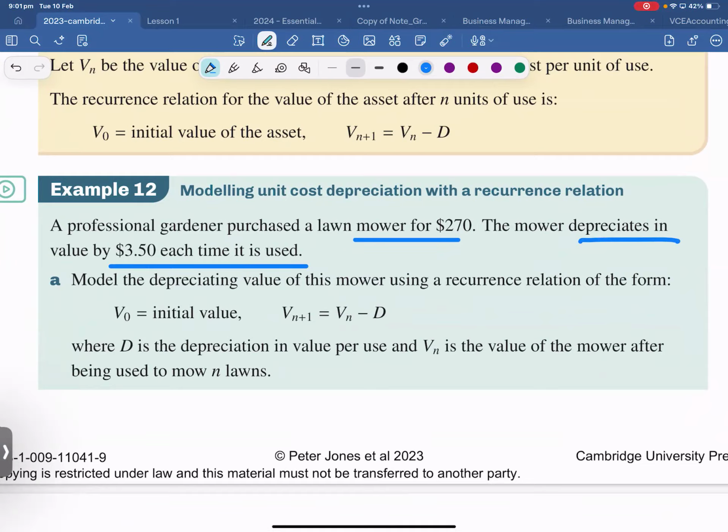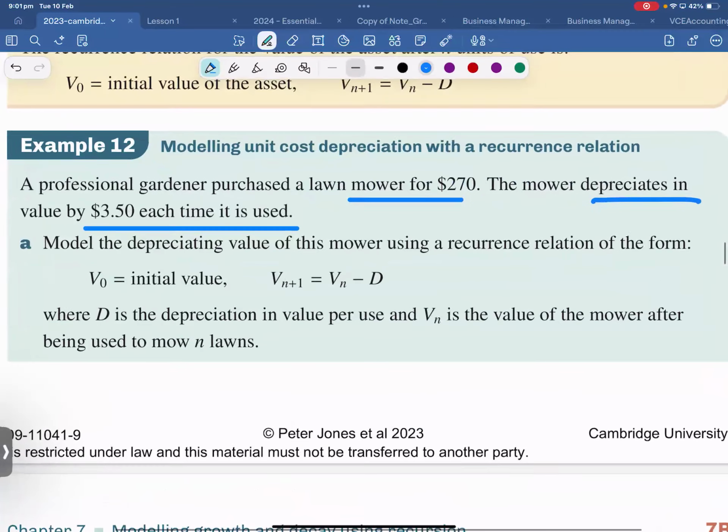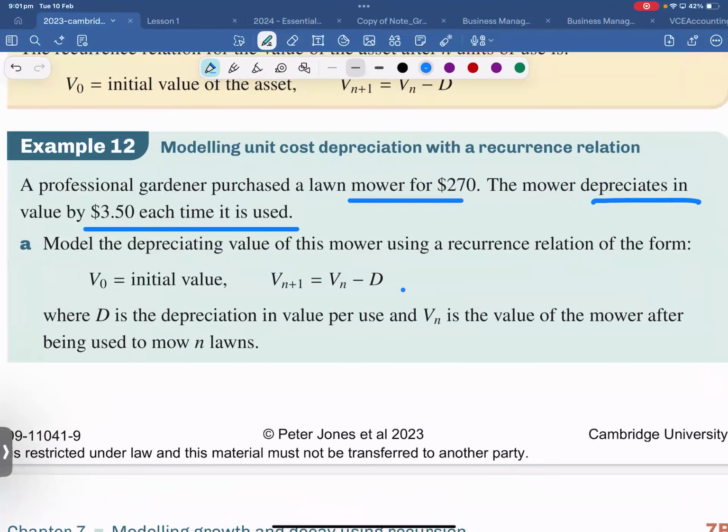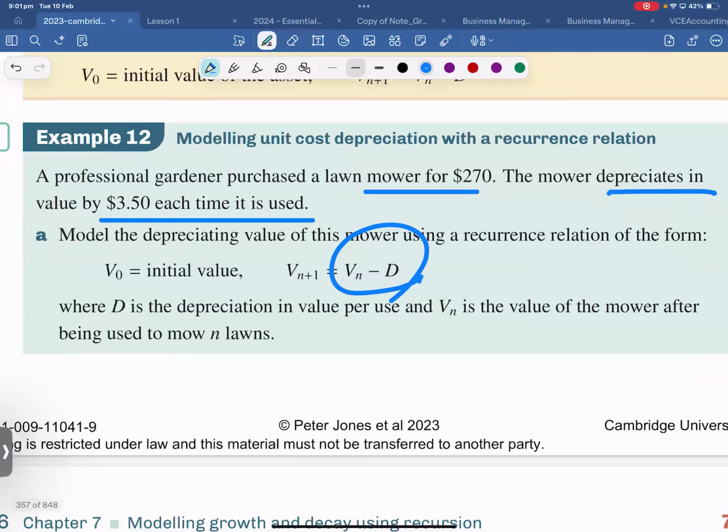Every time that man does a job, the value will decrease by 350. Then what's the rule? Vn+1 is equal to Vn minus D. D is what? 350. So D will be 350.